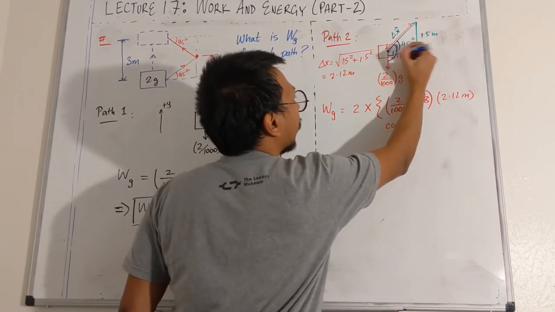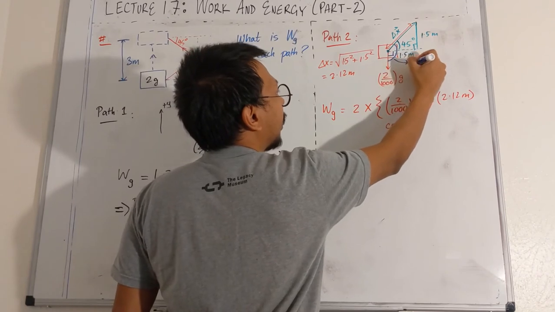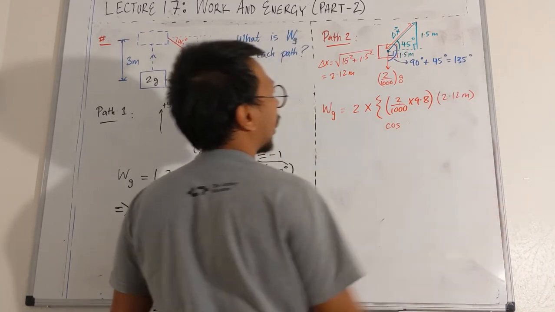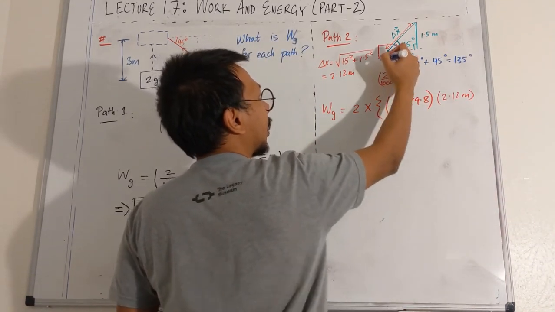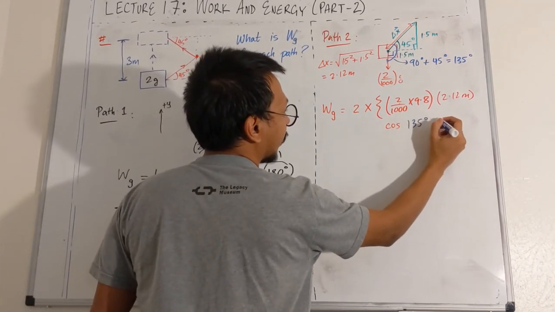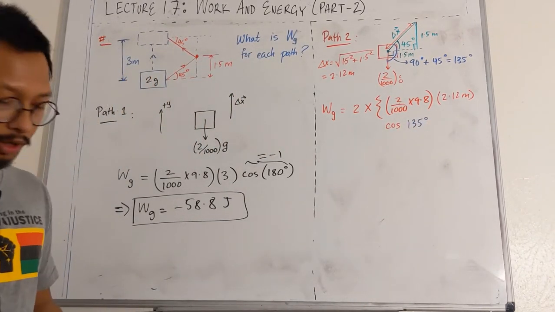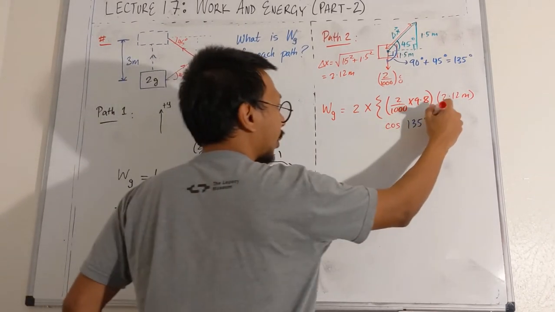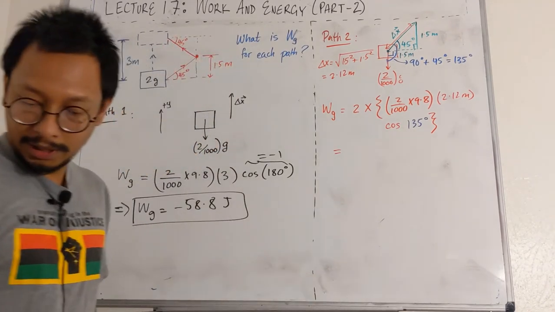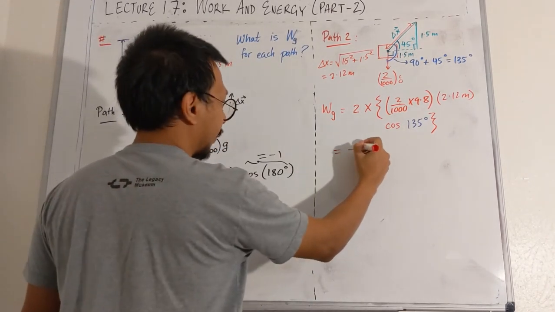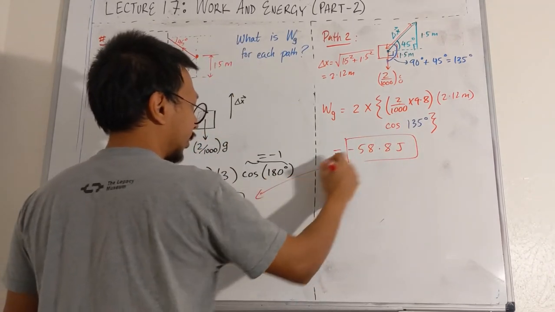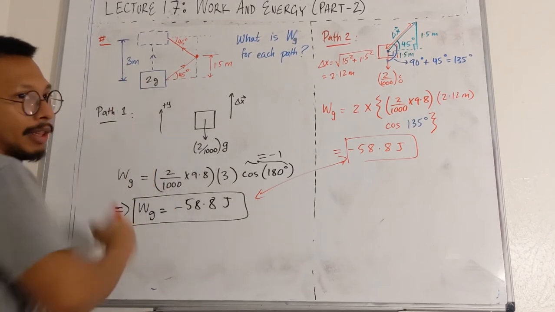So the total angle is 90 plus 45, which is 135 degrees, and that is the angle between the force and the displacement. So we have a cosine of 135 degrees. All right, this is the work done by gravity when it follows path 2, and this whole thing comes out to be negative 58.8 joules. This is exactly the same as before when we followed path 1.